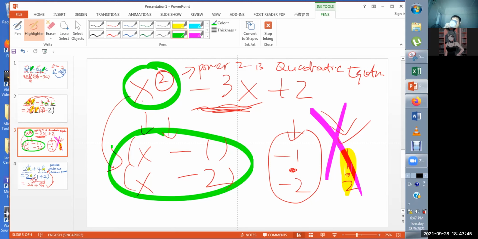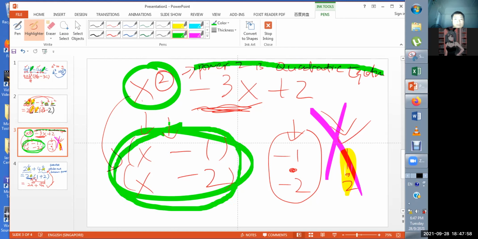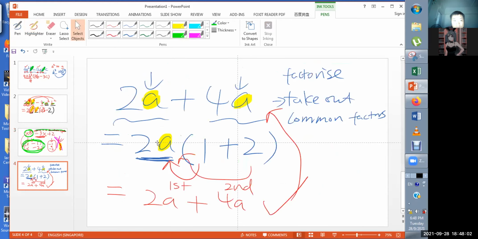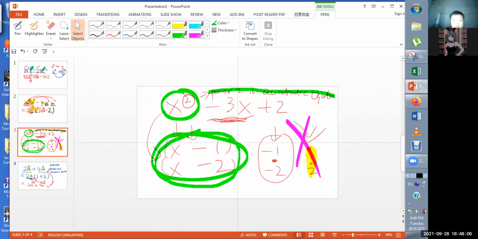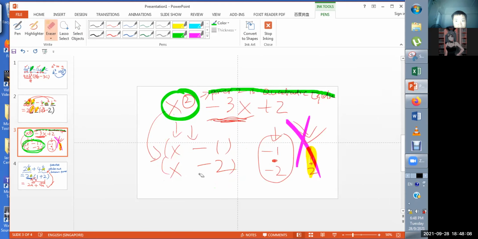Yeah. So if you see a quadratic equation, then they should look like this. Meaning, sorry, then you should factorize like this one. Yeah, so they are in this format.